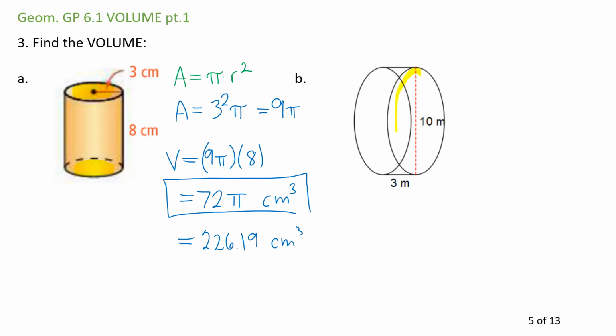Same thing over here. There's my base. Now, you actually have a different formula for the volume of a cylinder that actually includes the base. That's the base, and that's the height.